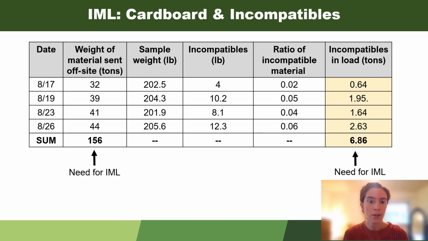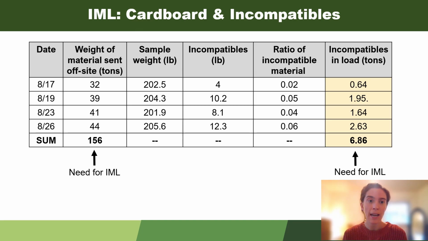For example, for that August 17th sample, you would divide the 4 pounds of incompatibles by the 202.5 pound sample weight. This gives us a 0.02 incompatibles ratio. The organic ratio of the sample was 0.98. 1 minus 0.98 is 0.02, which is our incompatibles ratio.